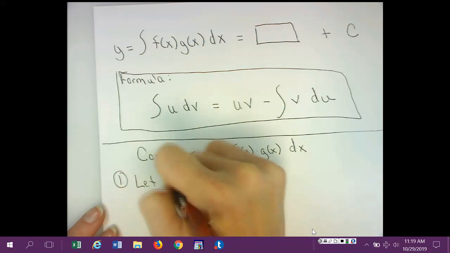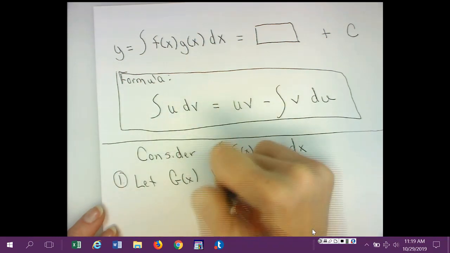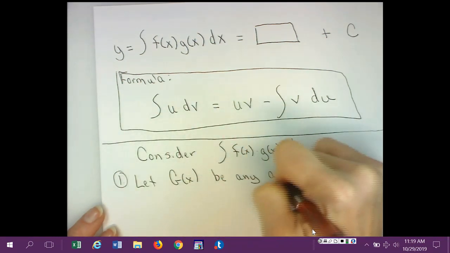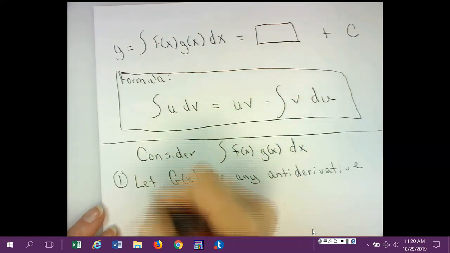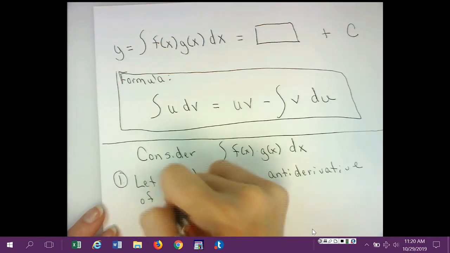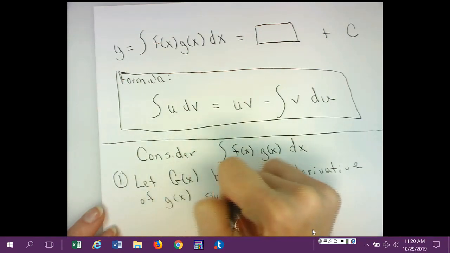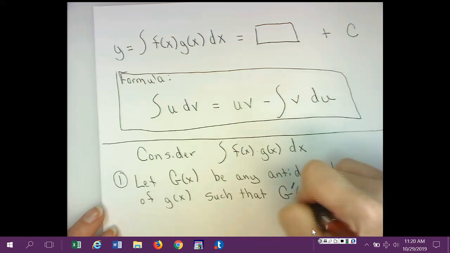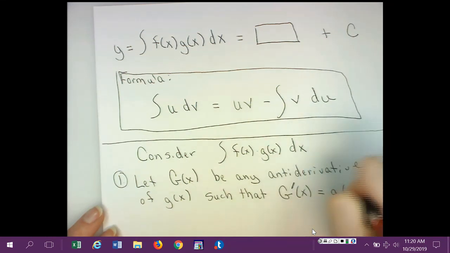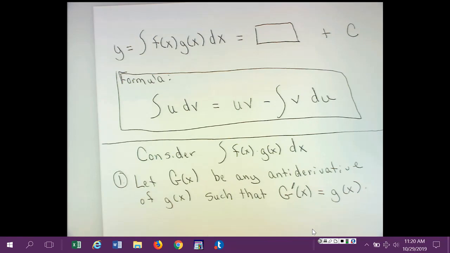Let capital G of x be any antiderivative of little g of x, such that when you take the derivative of the antiderivative, you get little g back. I think we've discussed that before. That's a true theorem. If capital G is an antiderivative of little g, then when you take the derivative of the antiderivative, you get little g back.